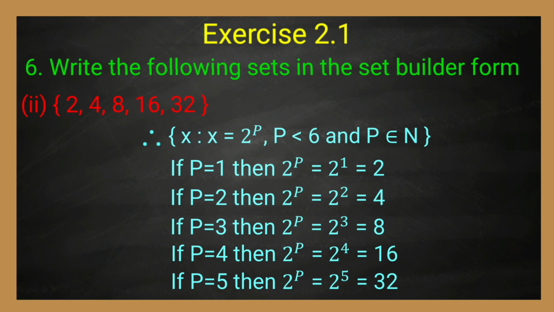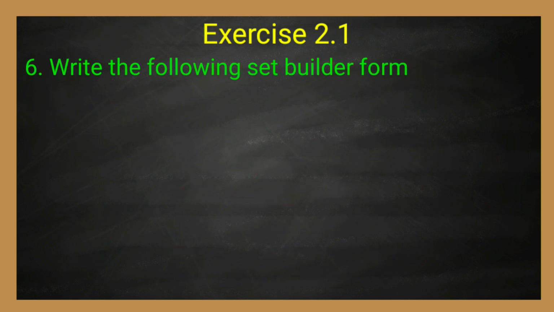If p equals 5, then 2 to the power of 5 equals 2 into 2 into 2 into 2 into 2, that equals 32. Therefore, hence our answer.